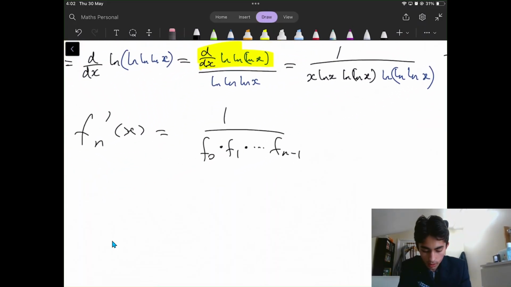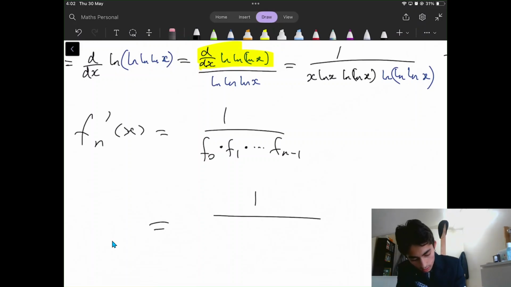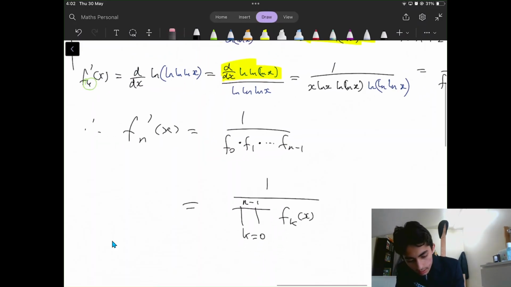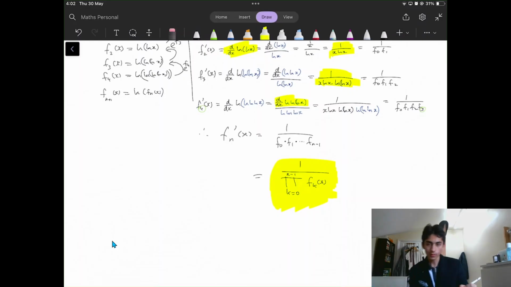Therefore, if we wanted to use pi notation, you get 1 over the product as k goes from 0 to n minus 1 of fk of x. So that's the derivative of the recursive nested logarithm function, as I would like to call it, as I would propose it to be called anyway. Pretty cool in my opinion.